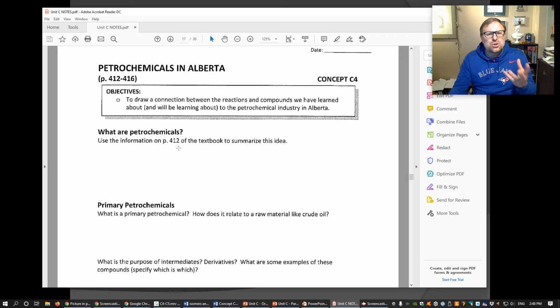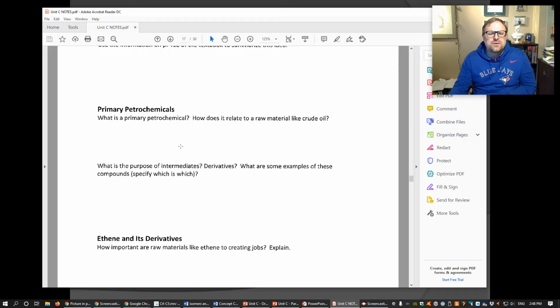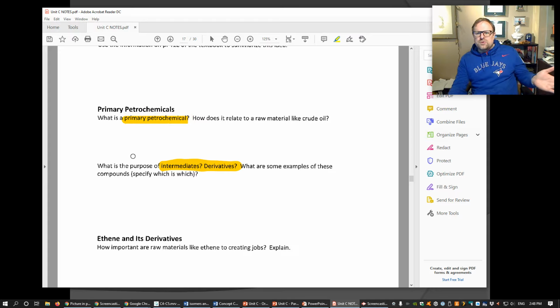The things I want you to pay attention to in this petrochemicals section: first, try to understand what a petrochemical is. Then I want you to understand particularly what the words intermediates and derivatives are all about, and understand basically what a primary petrochemical is. You'll go from primary petrochemical to intermediates to derivatives.